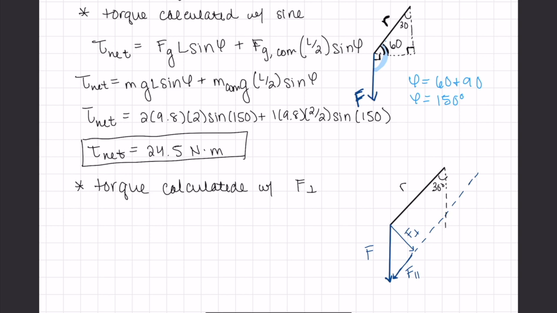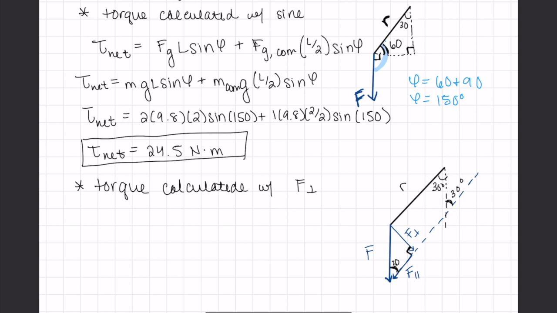We can see that because of the way that these parallel lines are intersected, so from alternate interior angles, that tells us that this is going to be 30 degrees. And then since further down where the hypotenuse is actually would be intersecting with this line as well, that tells us that this bottom angle between F parallel and F is also going to be 30 degrees. I'll just include that right angle right there.